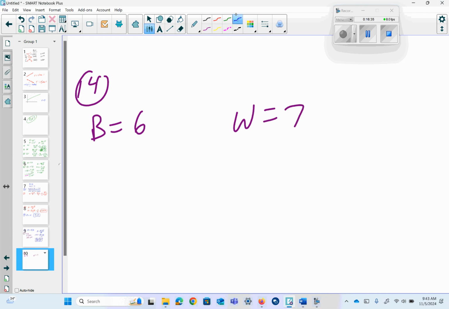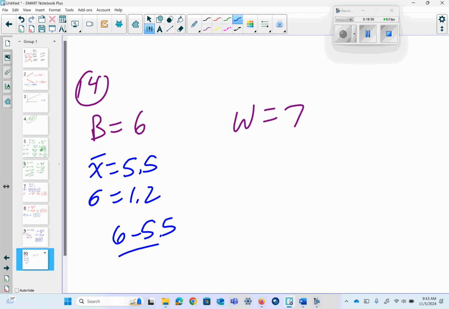Okay, so what we need to do is look at the bass. They have a mean for bass of 5.5, standard deviation of 1.2. So 6 minus 5.5 divided by 1.2. 6 minus 5.5 is 0.5, and 0.5 divided by 1.2 gives a z-score of 0.42.